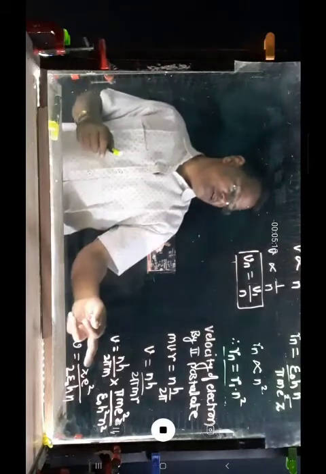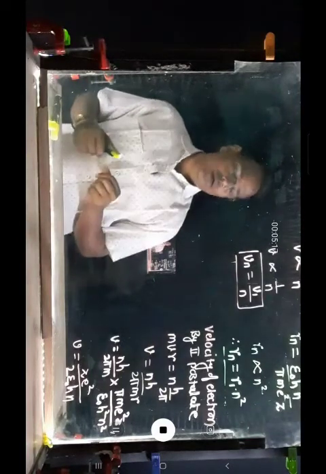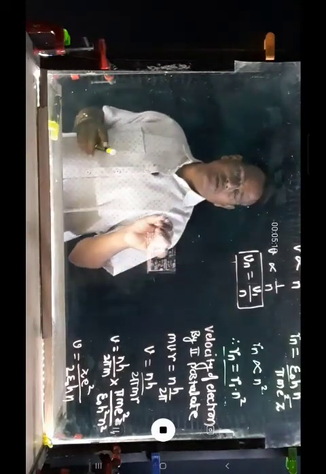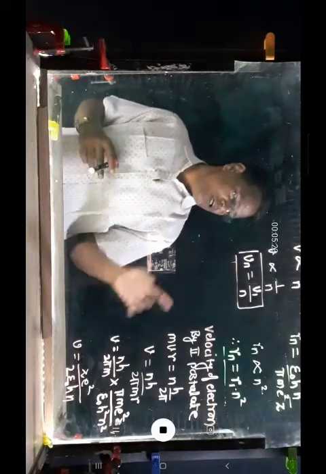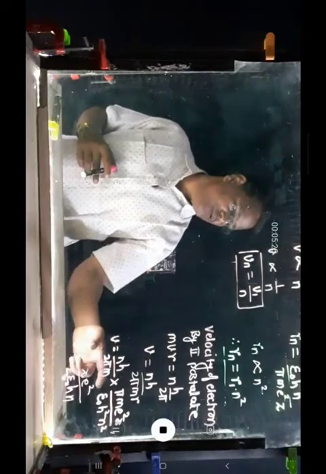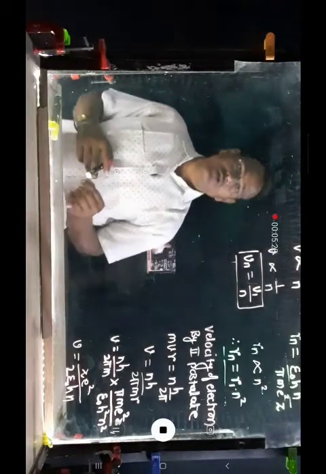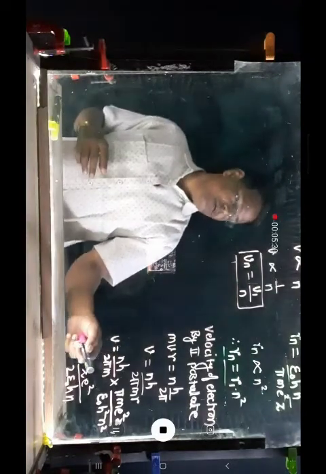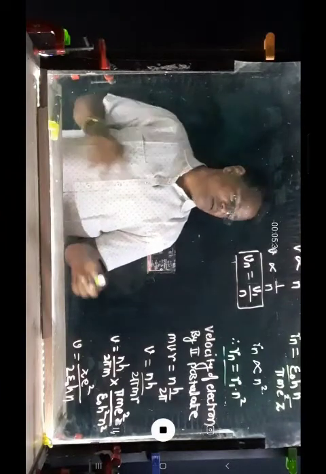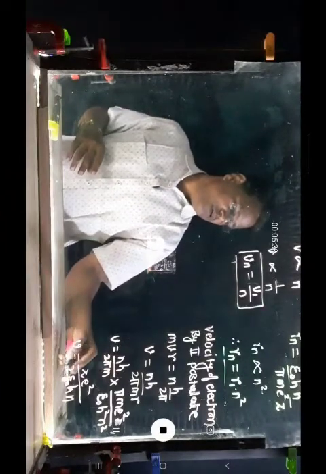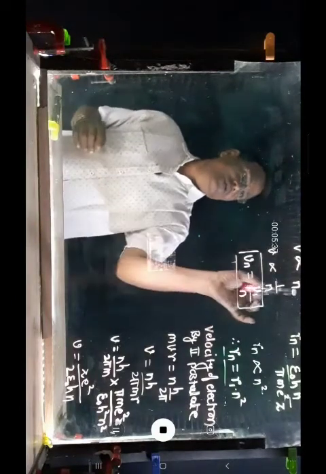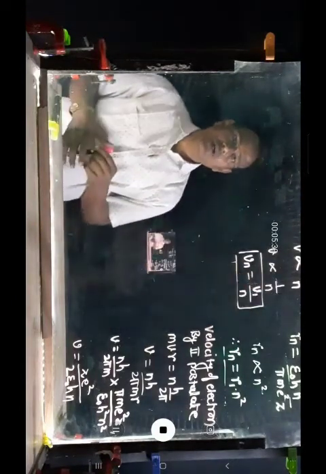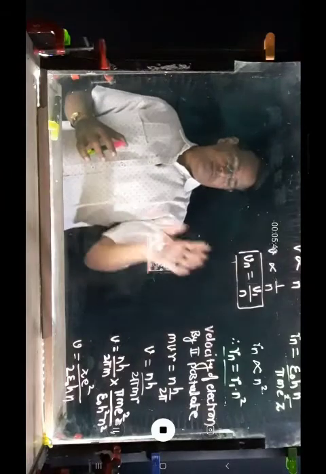For hydrogen atom, Z equals 1. So the velocity of the electron in hydrogen's Bohr orbit is V equal to e square upon 2 epsilon naught h n. Here Z for hydrogen is 1, e is constant, epsilon naught and h are constant. So the velocity of the electron in Bohr's orbit is inversely proportional to the principal quantum number.